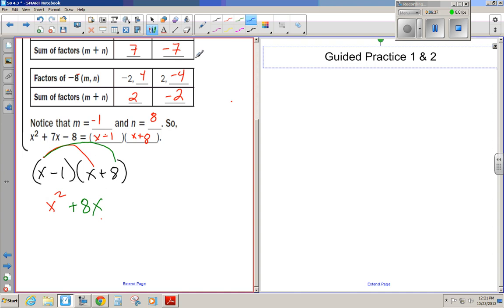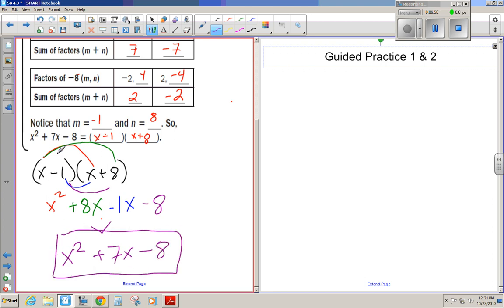You're going to look at the inside numbers. And then you're going to look at the last numbers in each parenthesis. And combine like terms. And what do you got? Do you have what you started with? You do, so you should be happy that this is the factored form.